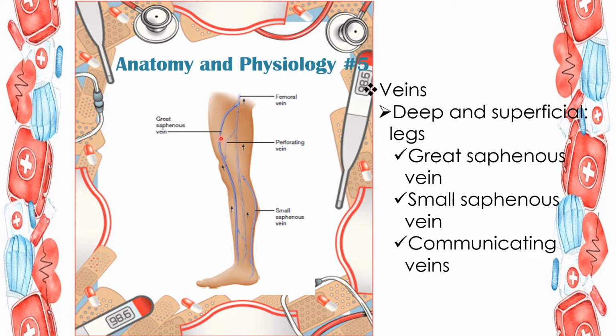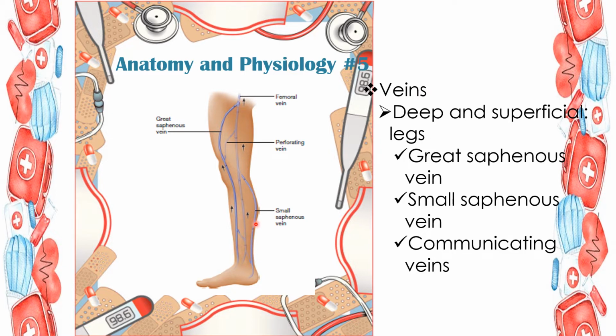So, the great saphenous vein originates in the dorsum of the foot and then passes just anterior to the medial malleolus and continues up the medial aspect of the leg. And it joins with the femoral vein of the deep venous system just below the inguinal ligament.